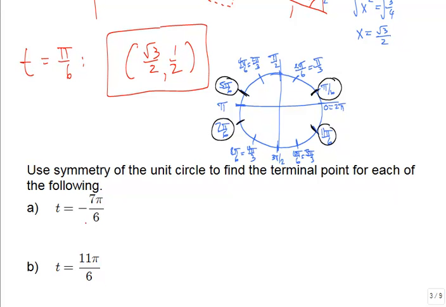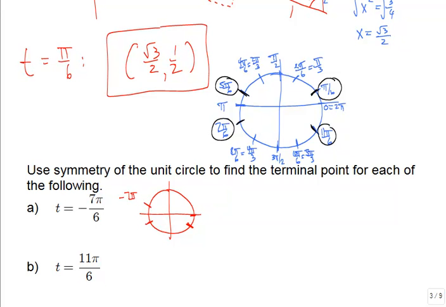So for example, if I wanted my t to be negative 7 pi over 6, 7 pi over 6 is normally in quadrant 3 over here, but we want to go in the negative direction. So starting at 1, 0, 1 pi over 6 in the negative direction would be here. Then this one over here would be 5, and this one over here would be 7.